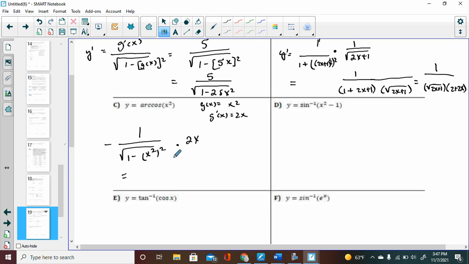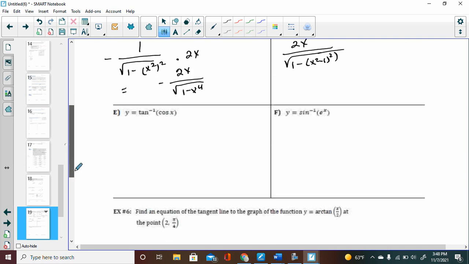This equals negative 2x over the radical of 1 minus x to the 4th. Next number, I have g of x equals x squared minus 1, g prime of x equals 2x. I get 2x over the square root of 1 minus x squared minus 1, and that group is squared. And I'm not going to simplify that because that's a lot of work.